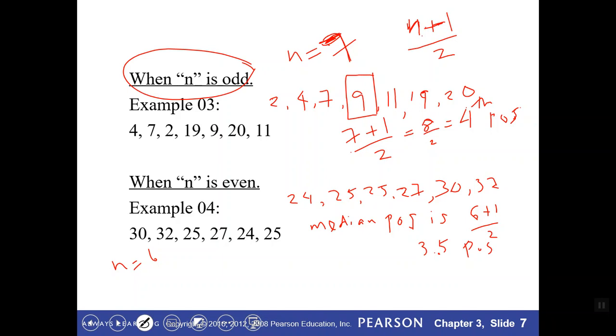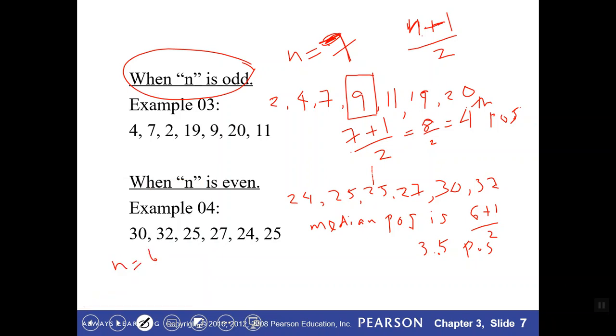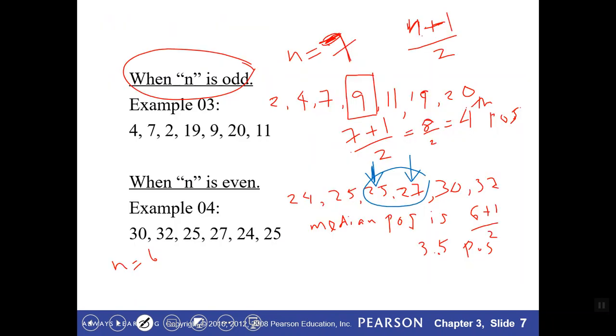So you have to go back to your sequence or your observations and pick the third one and fourth one, third position and fourth position. So let me change the color. You have to pick the third position and fourth position values and take their average. So third position is, oh I'm sorry, third position is 25 and fourth position is 27.